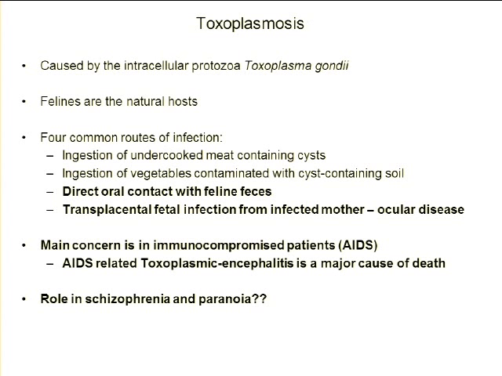Everyone got that? The second piece of evidence is some antipsychotic drugs, like haloperidol, stop the growth of toxoplasmosis in culture. So antipsychotic drugs like haloperidol stop the growth of the organism in cell culture.